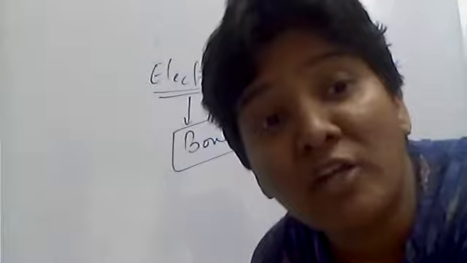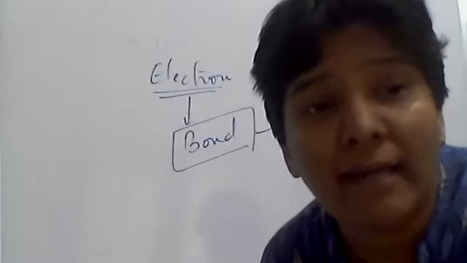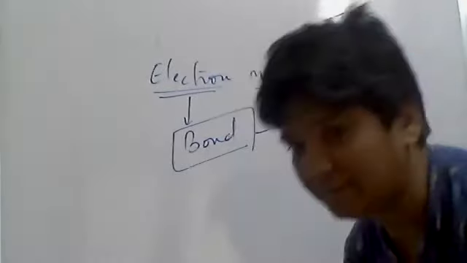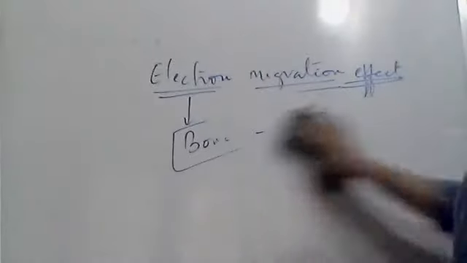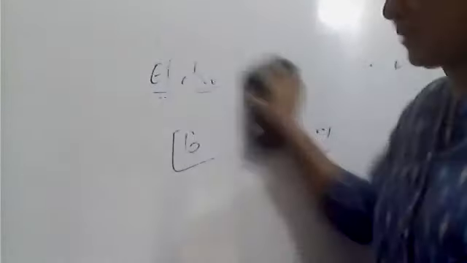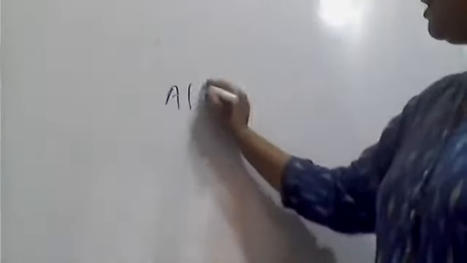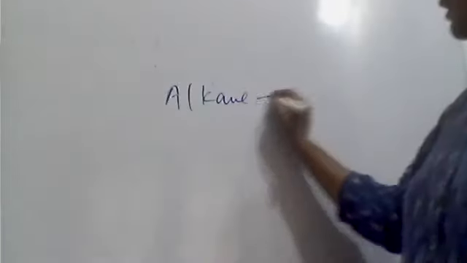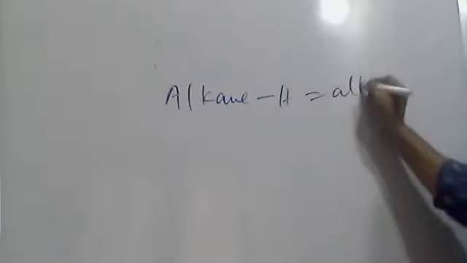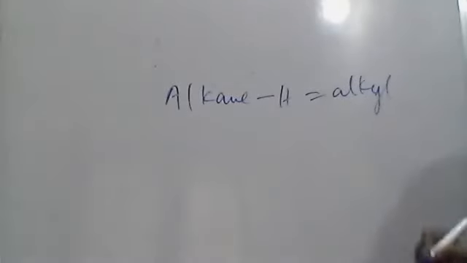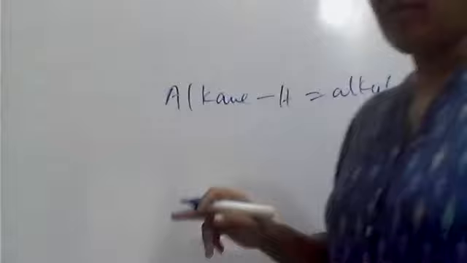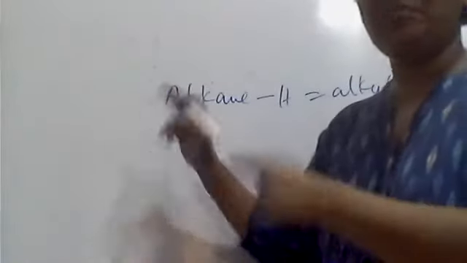What will be its alkyl group, beta? Alkane minus one hydrogen. I want a response please. From the alkane, by removal of one hydrogen, you get one alkyl group. So what is the formula for alkane? CnH2n plus 2.